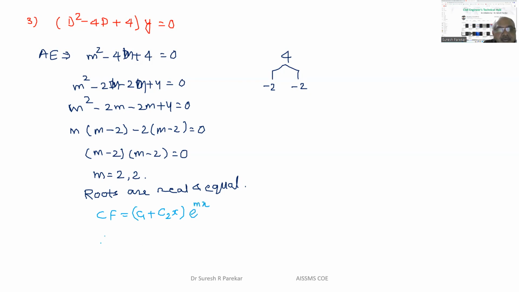And from this we can write CF = (C1 + C2 x) e^(2x). So we are done with this, that is problem number 3.